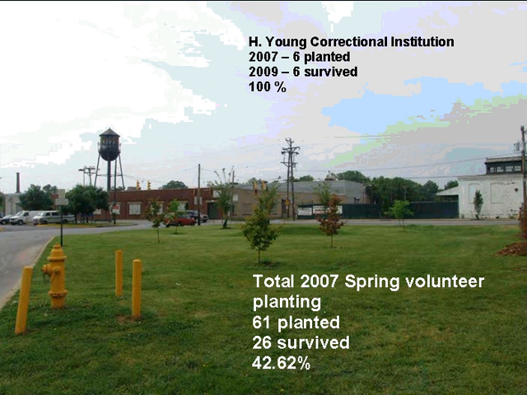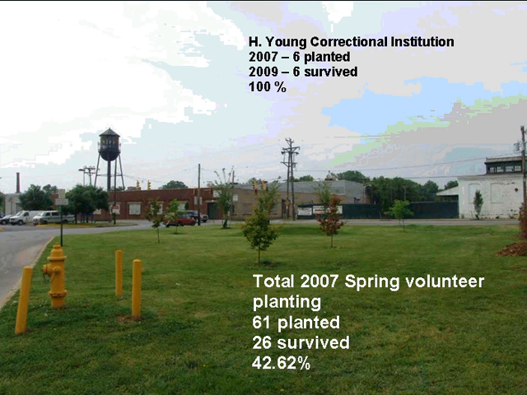And then this was the final location that we planted at our first planting, right across from the prison on kind of a traffic island area. 6 trees planted, 6 survived, and the main reason for that is because in one of the adjacent buildings we have recruited one of the contractors to pay one of their employees to water, and they also mowed this area and maintained it.